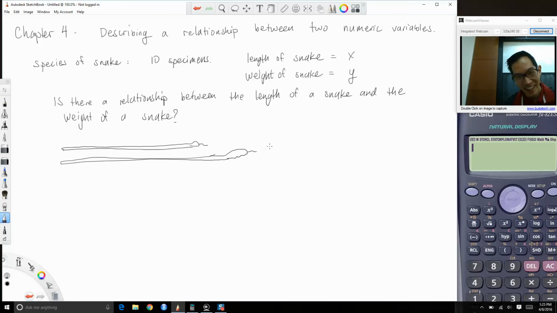Which one weighs more? If we had to guess, we would guess that the longer one weighs more, right? I have to make him a little more uniform in thickness here.